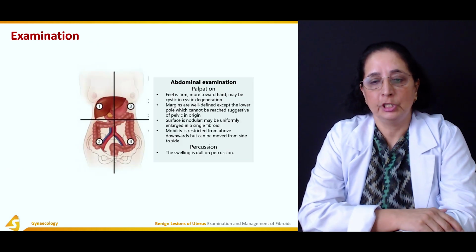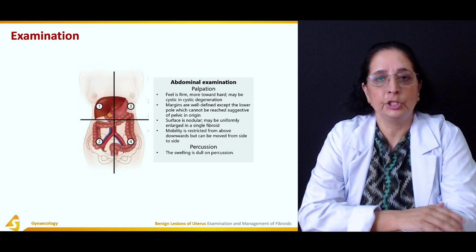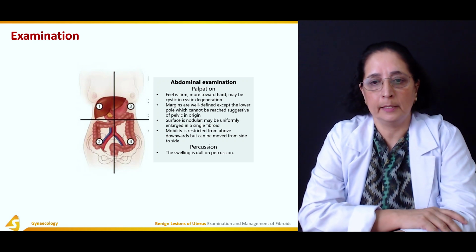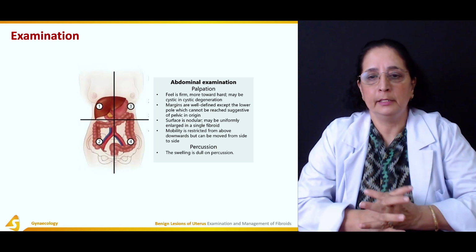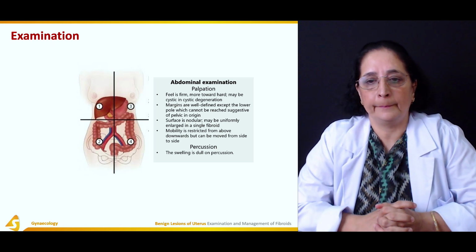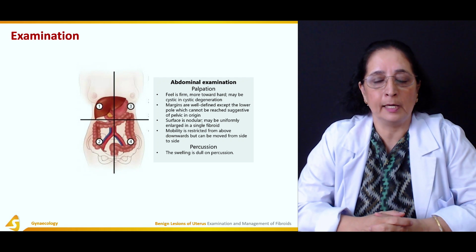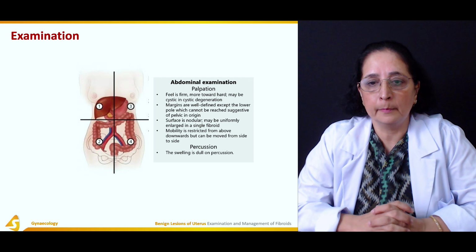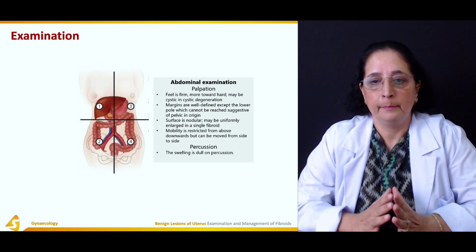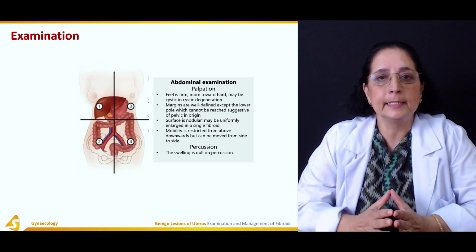Next, examination. Abdominal examination of the fibroid is important. When the abdomen is palpated, usually a mass is felt on abdominal palpation. Feel is firm, more hard, may be cystic or cystic degeneration.